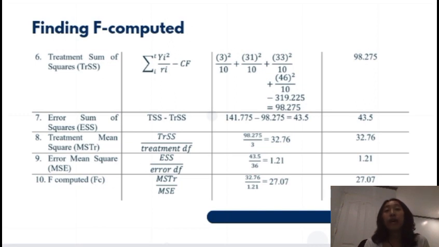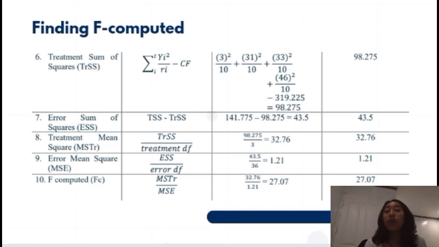So, 3 squared divided by 10 kung ilang replicates sa treatments na yon, plus 31 squared, we have total of 31 sa treatment 2 divided by 10, and so on, 33 squared divided by 10, plus 46 squared divided by 10, and then we're gonna subtract it again sa CF, or the correction factor, which is 319.225 is equals to 98.275.